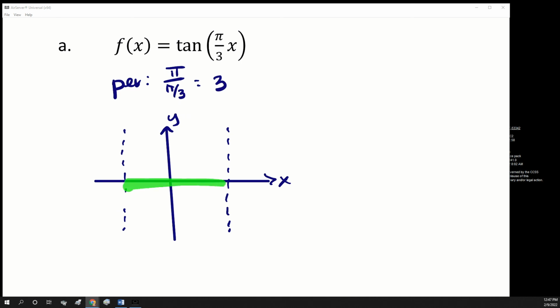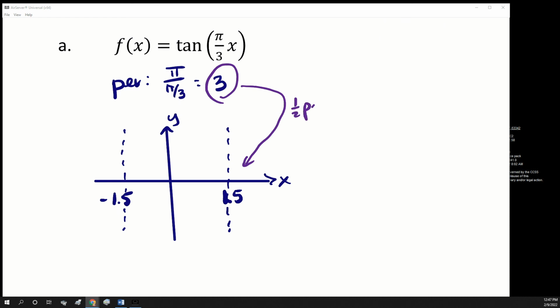And the distance between those 2 vertical asymptotes needs to match the period. So where do they need to be? 1.5 and negative 1.5. Good. How'd y'all get those? Half the period. So it's a half a period on the left and a half a period on the right.